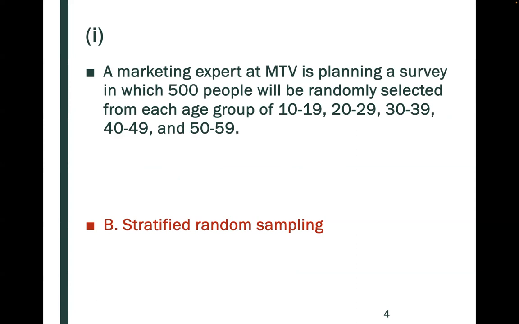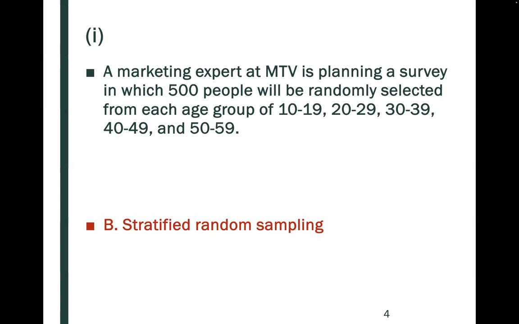So here, this would be an example of stratified random sampling because we are taking our total people and then dividing it into different strata or groups and then sampling from those groups. So our different groups are different age groups.